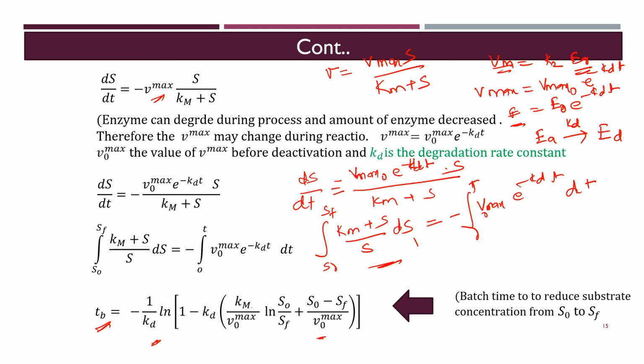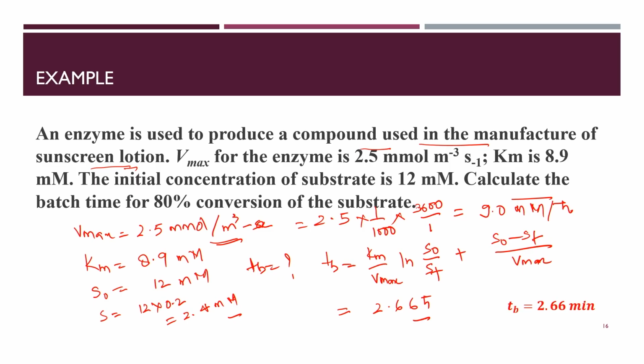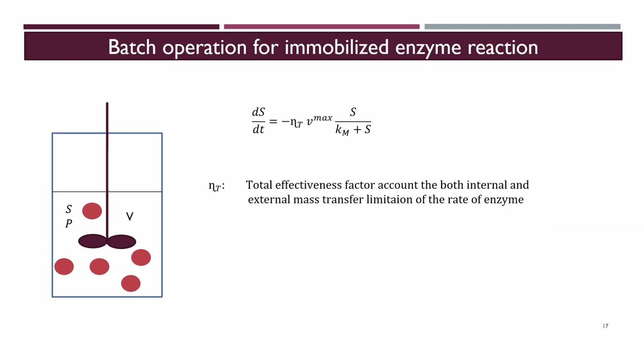So, TB is Km upon Vmax ln S naught upon Sf plus S naught minus Sf divided by Vmax. All the parameters are known. If you put in these values, you will get TB as 2.66 hour. So, batch time will be 2.66 hour.